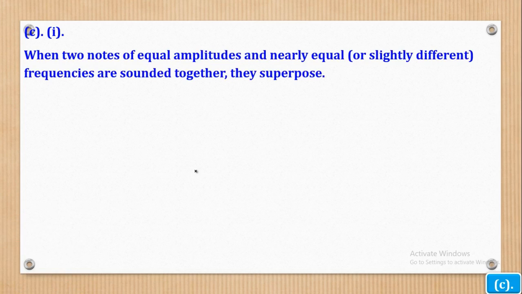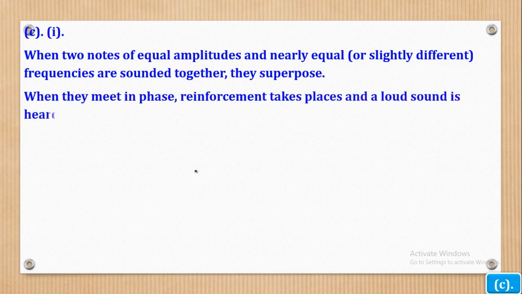So you come here and say that when two notes of equal amplitudes and nearly equal frequencies are sounded together, they superpose. So that statement is very, very vital. So when they meet in phase, reinforcement takes place and a loud sound is heard.